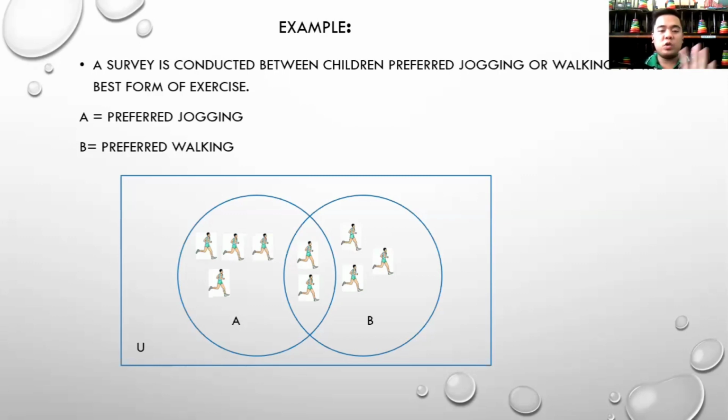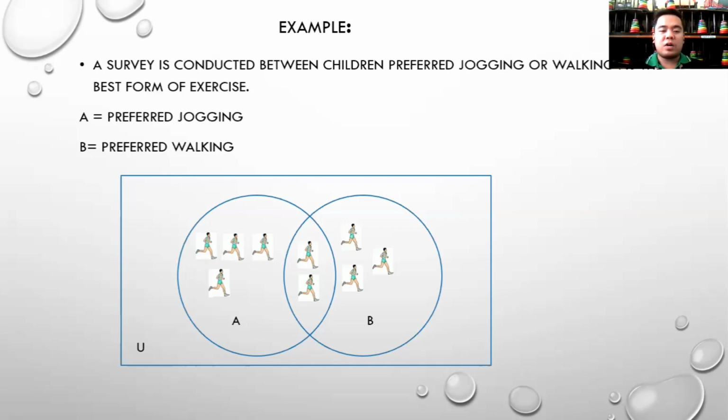If you look at the Venn diagram, there is an intersection of A and B. That intersection is the commonality of the two sets, present in set A and at the same time in set B.